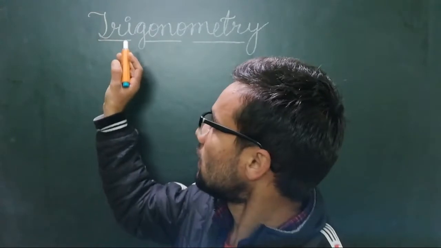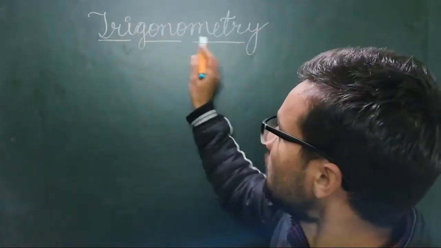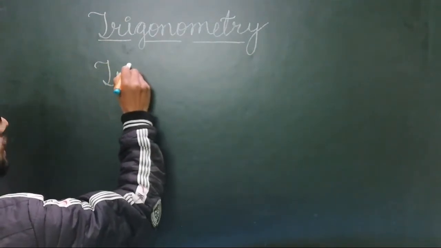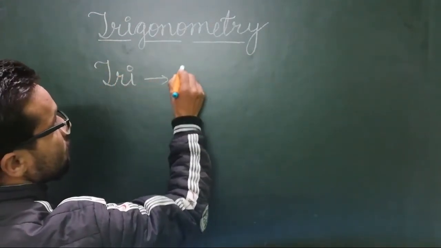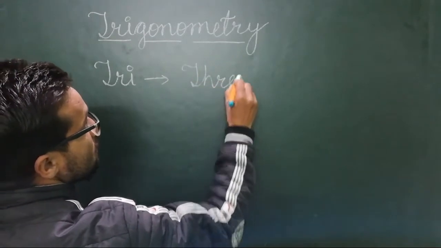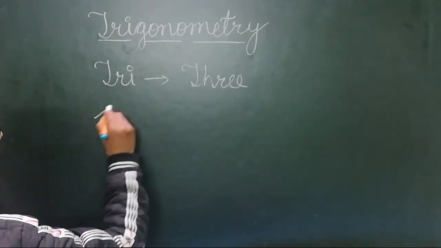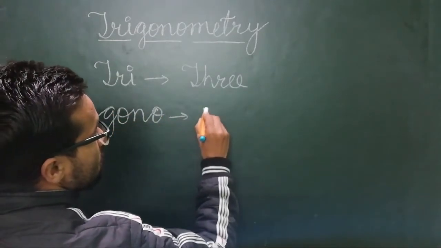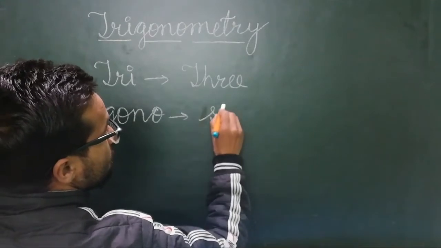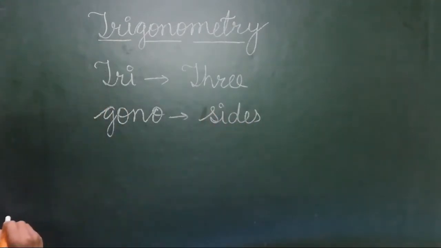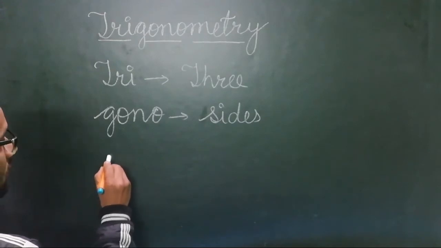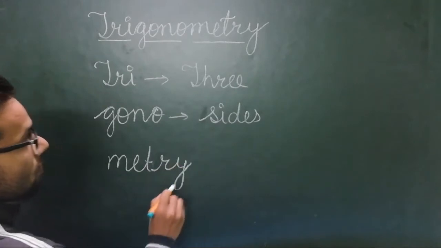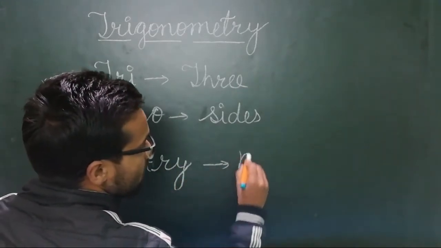So dear student, if I break this word into three parts, what do I get here? First I get tri, that means 3, and second is gono, that means sides, and third is metry, that means measurement.